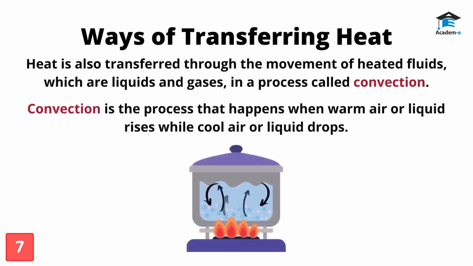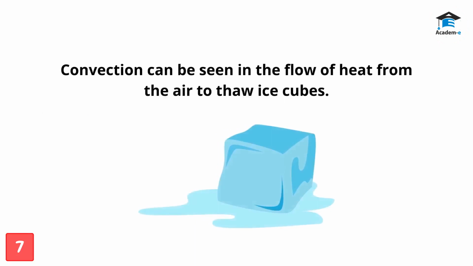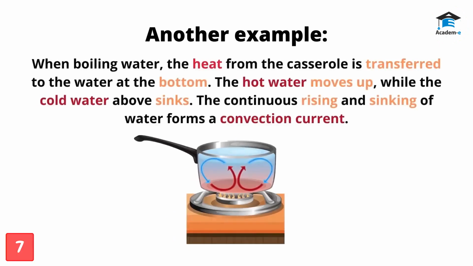Heat is also transferred through the movement of heated fluids, which are liquids and gases, in a process called convection. Convection is the process that happens when warm air or liquid rises while cool air or liquid drops. Convection can be seen in the flow of heat from the air to thaw ice cubes. Here's another example.